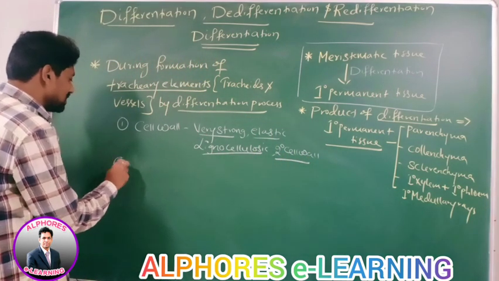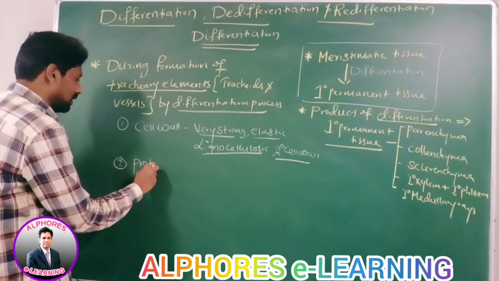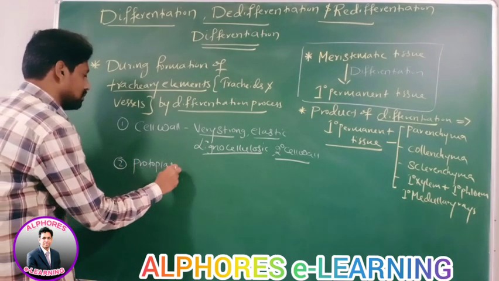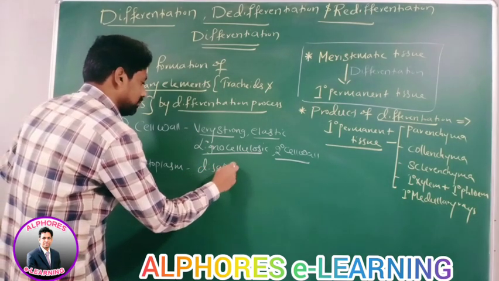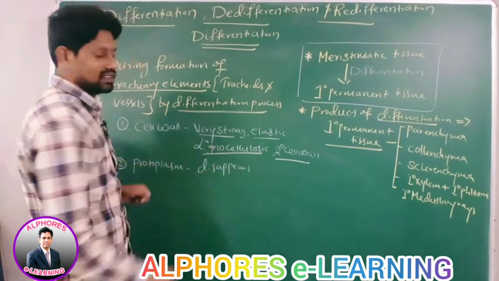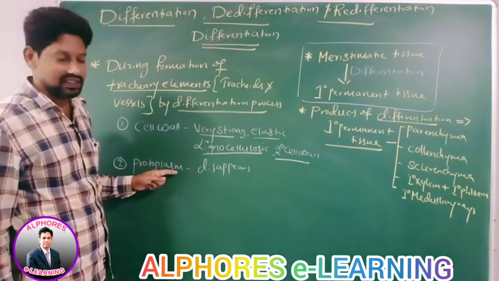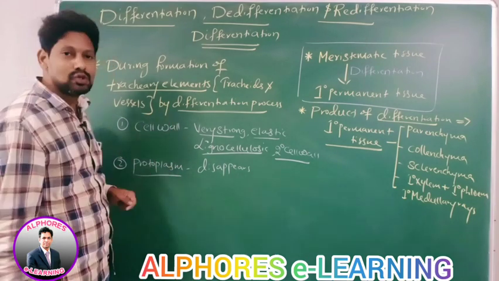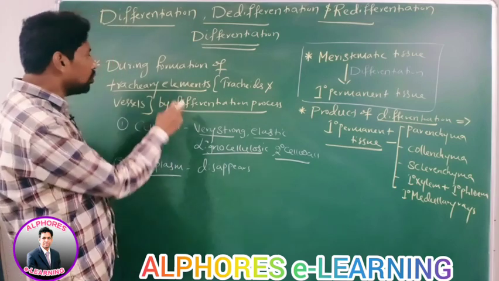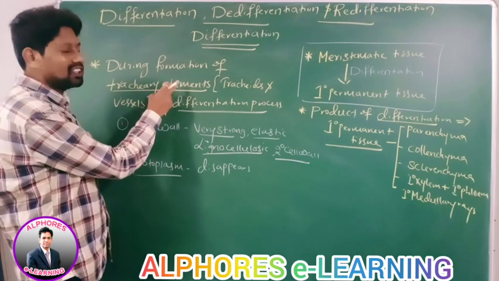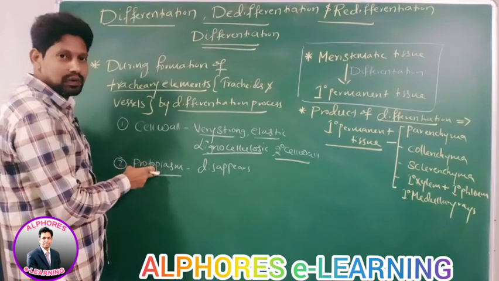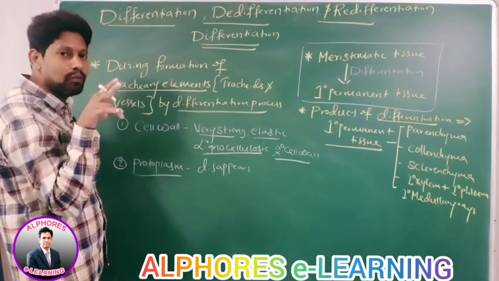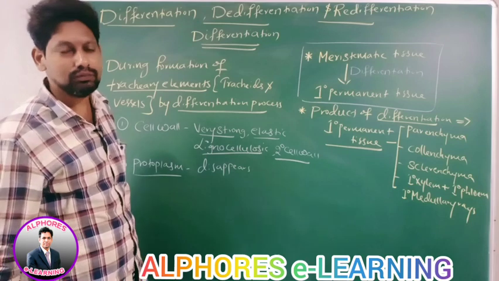Then what are the changes in the protoplasm? Protoplasm disappears. Why does protoplasm have to disappear? Because through tracheary elements, conduction of water and minerals takes place. If protoplasm is present, it obstructs the movement of water and minerals.